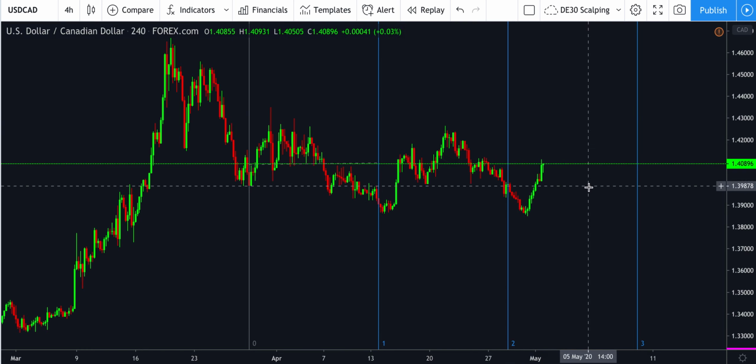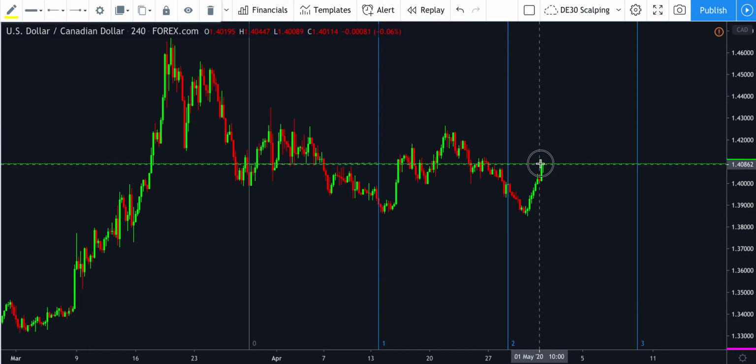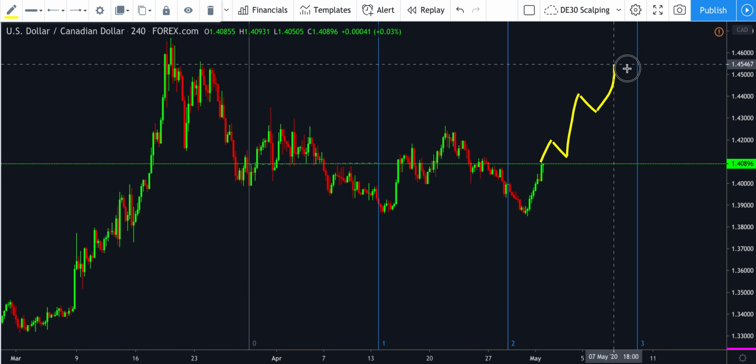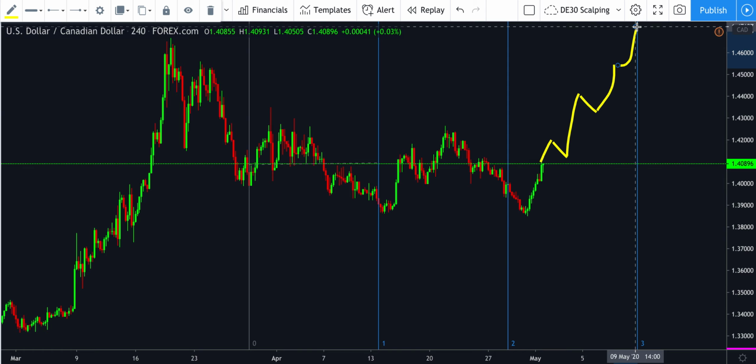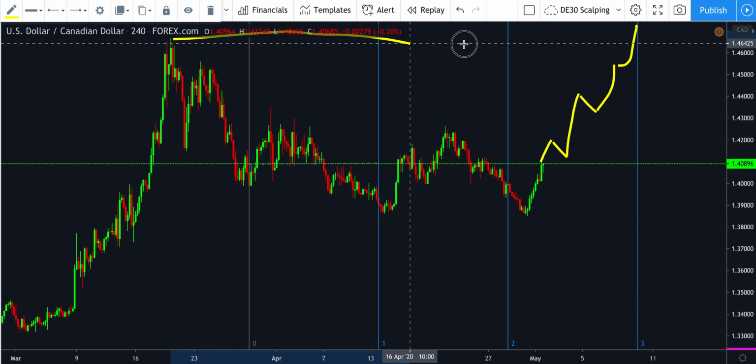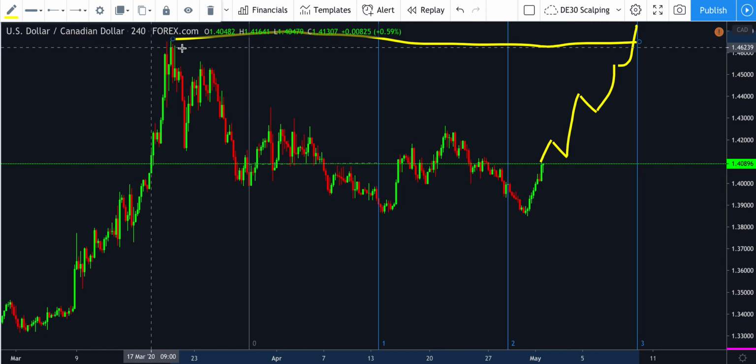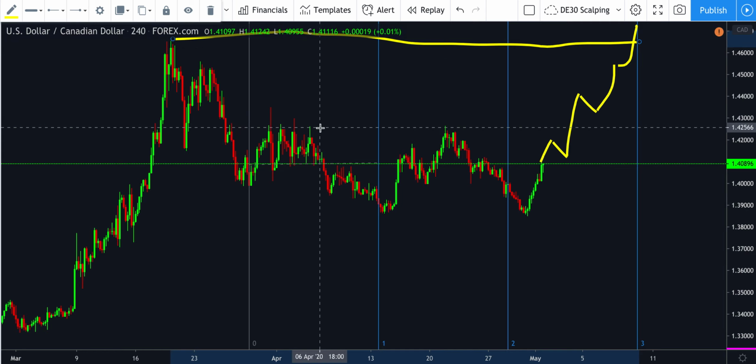As you can see here, price has almost ended this cycle. So we might have a trade cycle where price is going to be grinding up until it reaches this level, and this level, surprise, corresponds to, or comes very close to, the previous high.